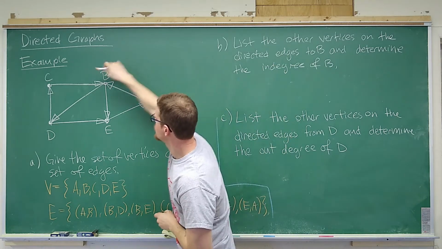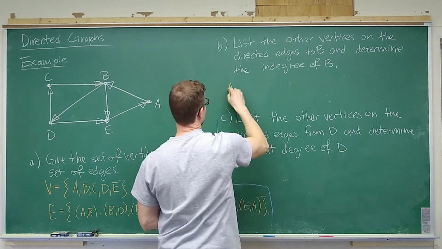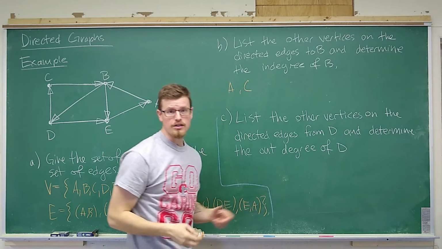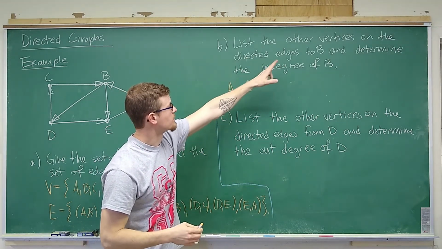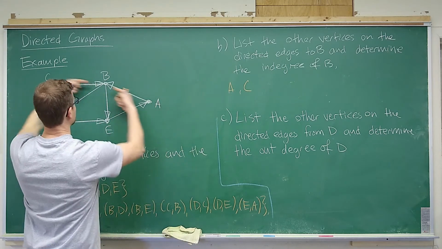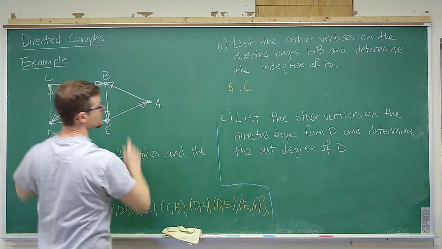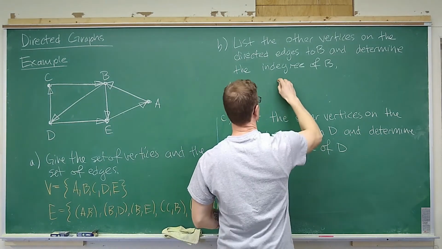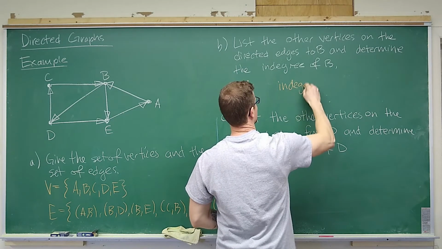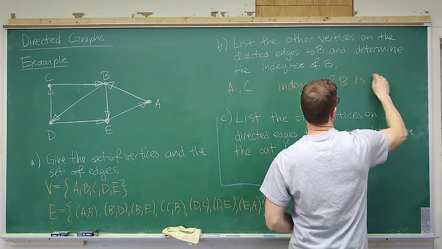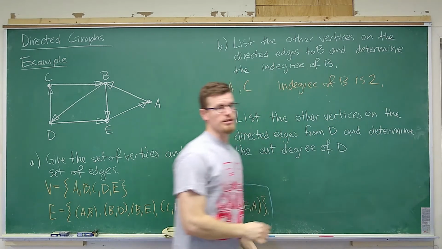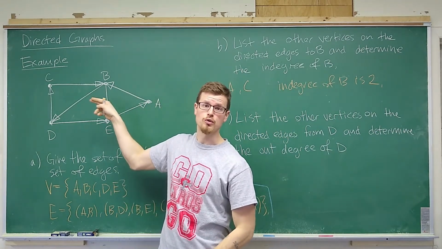So we have A goes to B and C goes to B. So A and C are the other vertices on the directed edges to B. And the indegree of B is 2, because there are two edges that go to B.